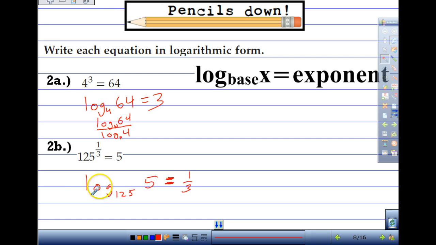Same thing here. If you type in log of 5 divided by log of 125, you should get 1/3, or 0.3 repeating. In a few sections, you must have the calculator to do all these problems because they're going to be kind of like square roots where you might have the square root of 52 in the middle of the problem.